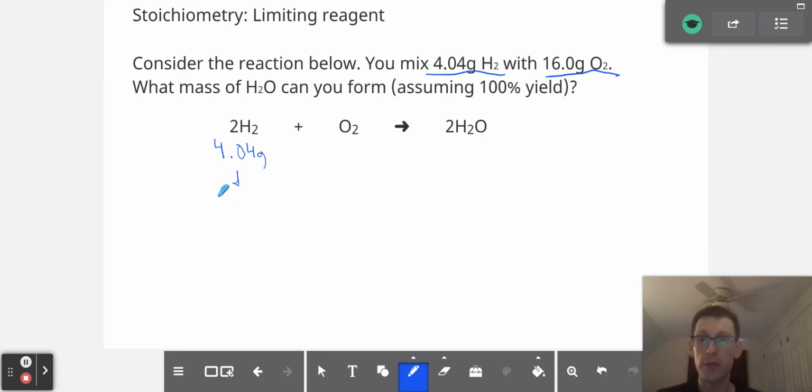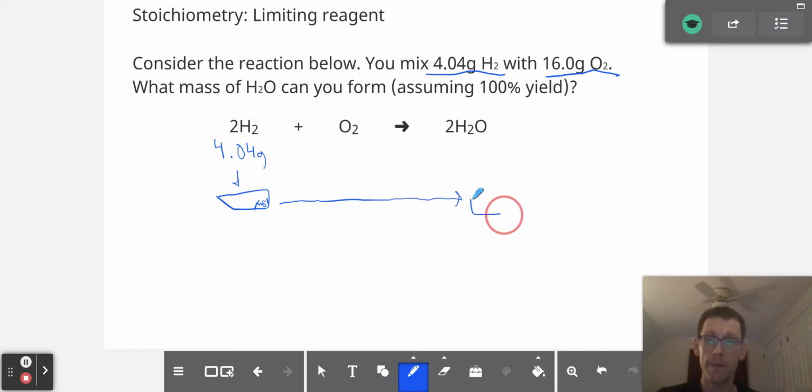I can convert this to moles. I can next convert the moles of hydrogen to moles of water that would form, since we're asked what mass of H2O can form. Then I can go to grams. This is a simple mass-mass problem, the type of which we've done before.